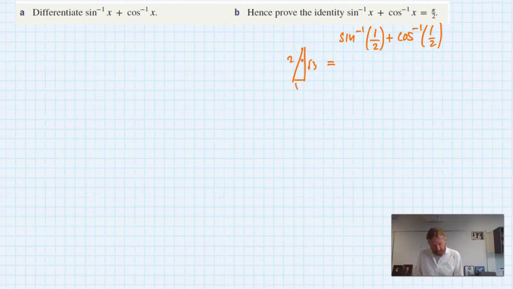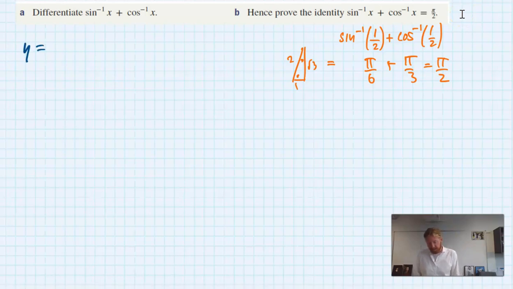Well, it's that guy, pi on 6. Cosine inverse a half, who has a cosine of a half? Well, it's that guy, and it's pi on 3. They're complementary. Pi on 2. Boom. Done. Okay, but now let's step it out how they want. Well, it's not done. It's just one particular example. But hopefully you can see it'll work for all of them.